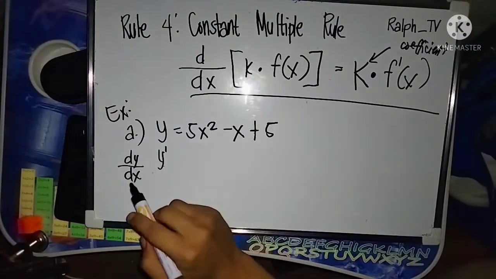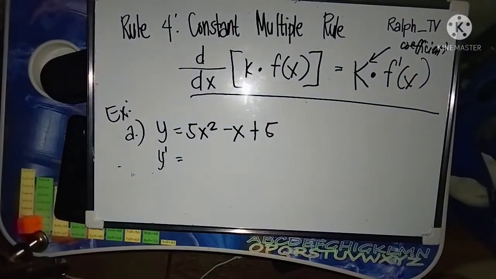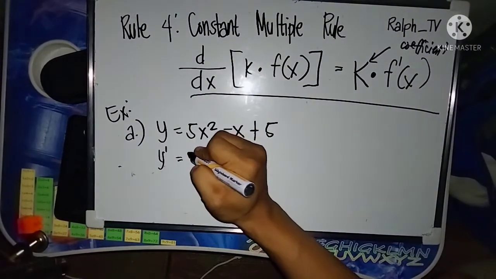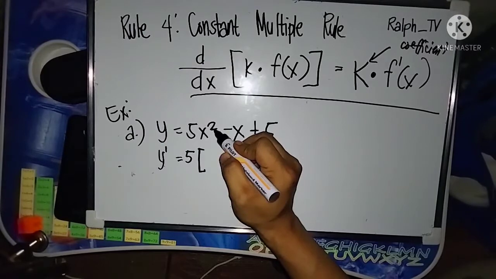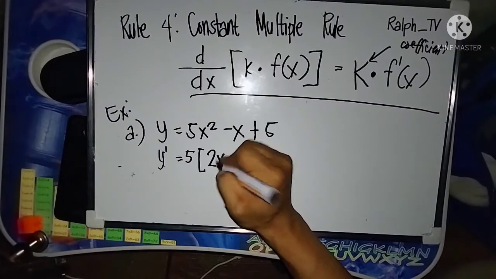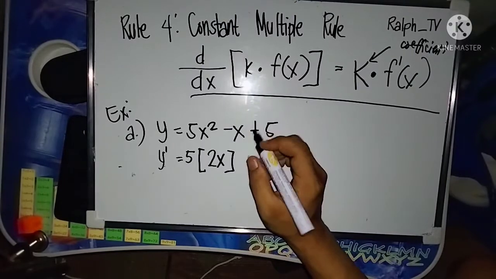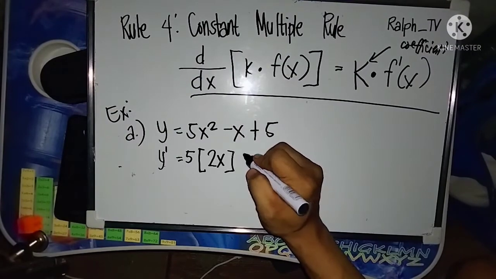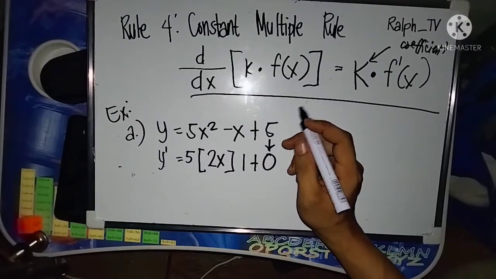So, isusulat lang natin itong 5. Tapos, rule number 3, which is, bababa natin itong 2, then minus 1. So, 2x, 2 minus 1, so 1 na lang, so hindi natin siya ilalagay. Derivatives of x, which is 1, plus derivative of a constant is 0. Yung rule natin number 1.